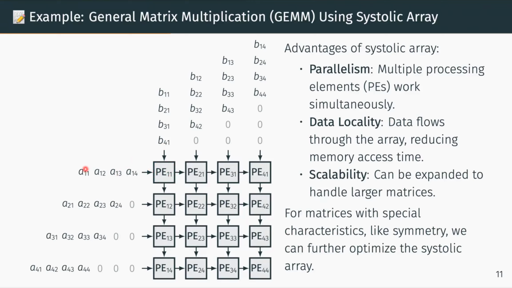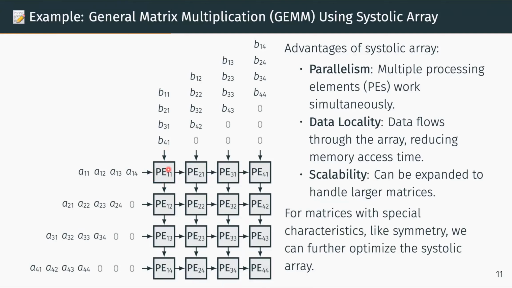So this is matrix A and this is matrix B, and they all get streamed into the systolic array. In each clock, the data is passed from left to right, and from top to bottom, so there's not a lot of data movement. It's a very elegant way to get the data in and out, and it performs the multiplication of two scalars and adds them to the sum.